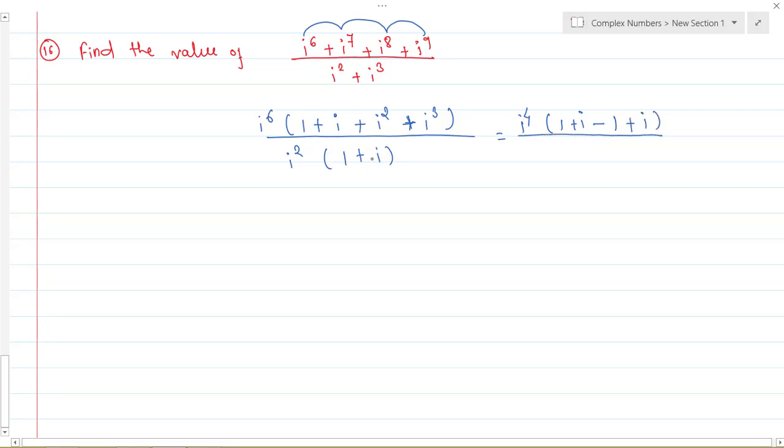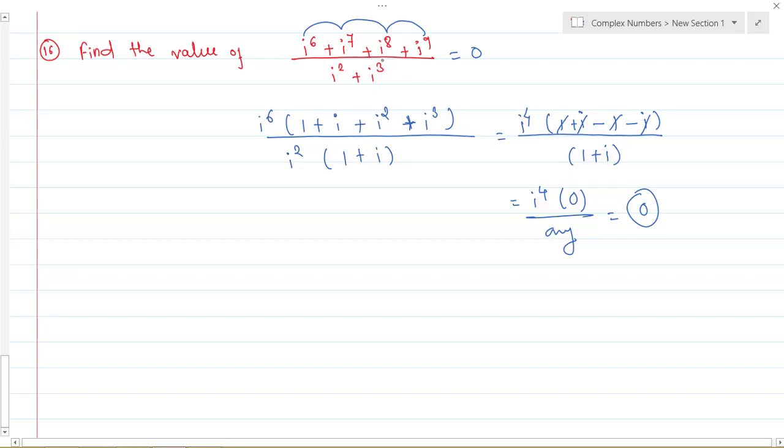So whole divided by 1 plus i as it is. So what you are getting in the numerator is i to the power 4 into (1 plus i minus 1 minus i). Plus 1 minus 1 cancel, i minus i cancel, so it is 0 divided by anything. In the numerator you have 0, so 0 divided by anything, your answer will be 0. Okay, so as simple as that.